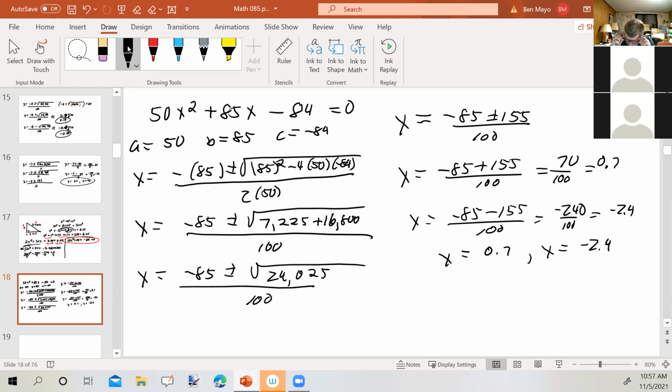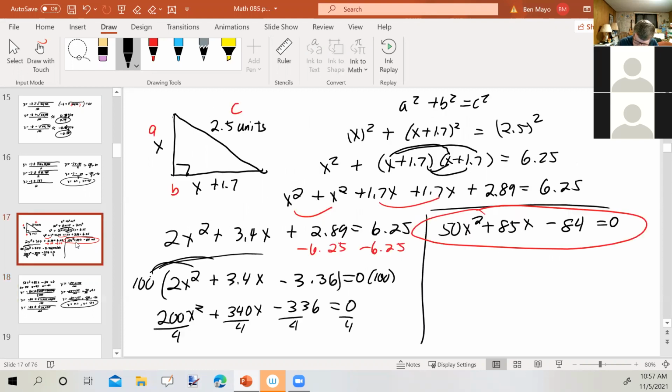However, once again, if we take these and go back to the original problem, 0.7 and negative 2.4, x is a length, so it can't be negative. So x has to be 0.7 units, and then 0.7 plus 1.4 would be 2.4 units.